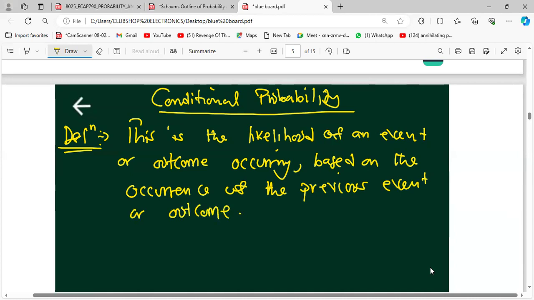So a conditional probability is simply the chance of an event happening given that something has happened. Okay, all right. That is conditional probability. It is dependent on the other probabilities.